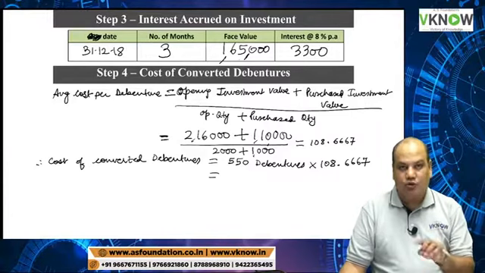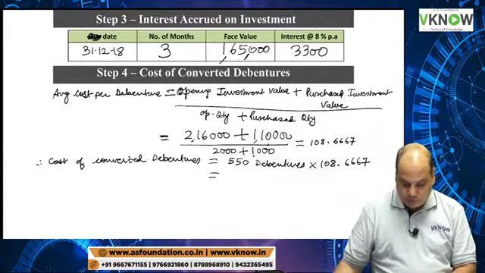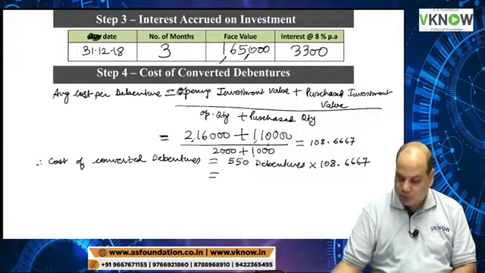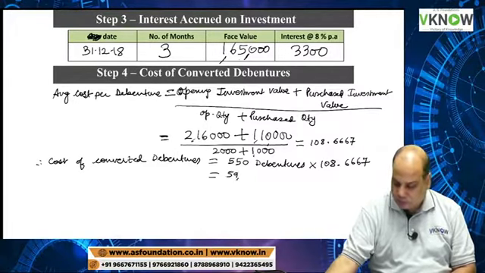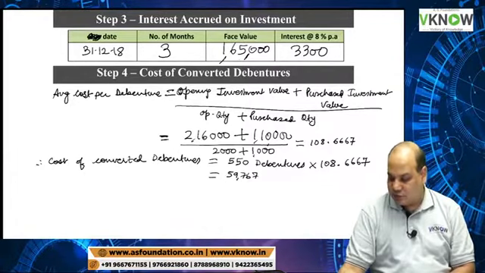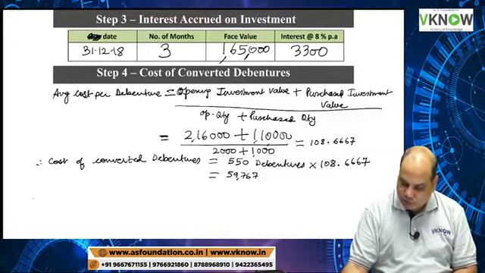So this is the cost of converted debenture. Come on, answer. 59767. Okay.